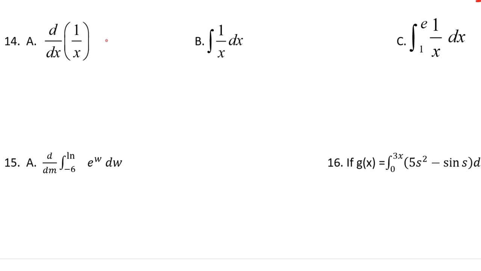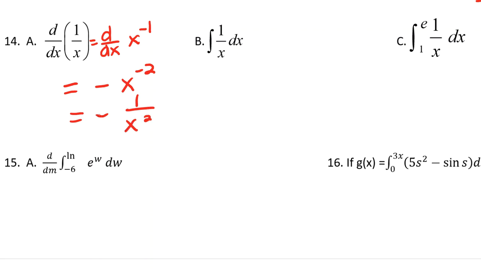The derivative here, think of this as power rule. So we bring down the negative and reduce the exponent, or if you prefer, negative 1 over x squared. Here we're doing the antiderivative, so 1 over x here, I guess we don't need to see any work here. 1 over x, I hope you recognize, is the derivative of natural log of x.